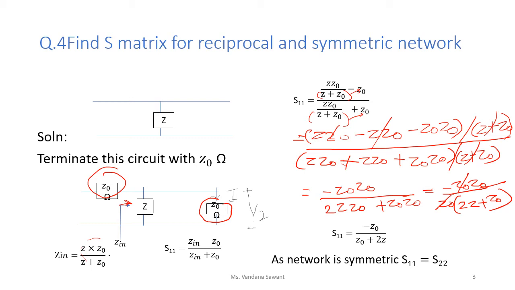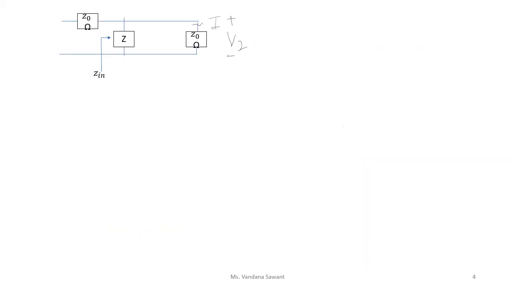Now our job is we have to calculate S21. So to calculate S21, we need to attach a generator source at the input end of this network. So we attach VG1 over here, and because of this source we are getting V2 as the voltage at the output end and V1 as the voltage at the input end.